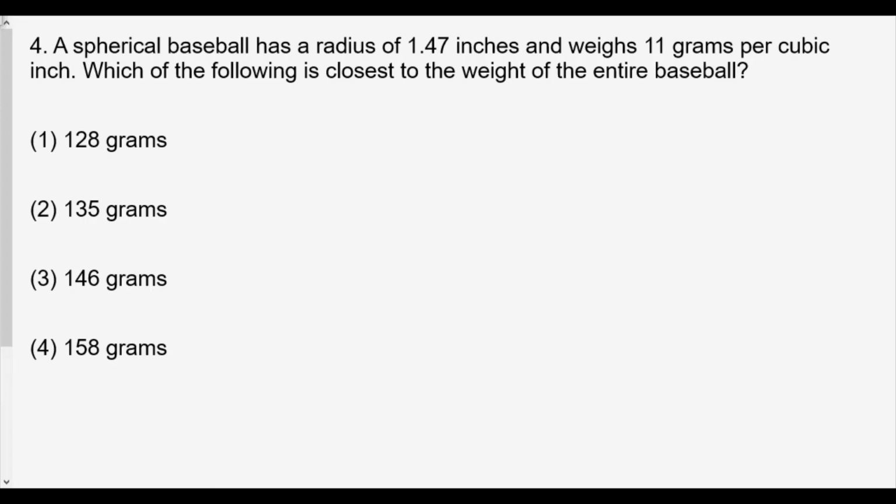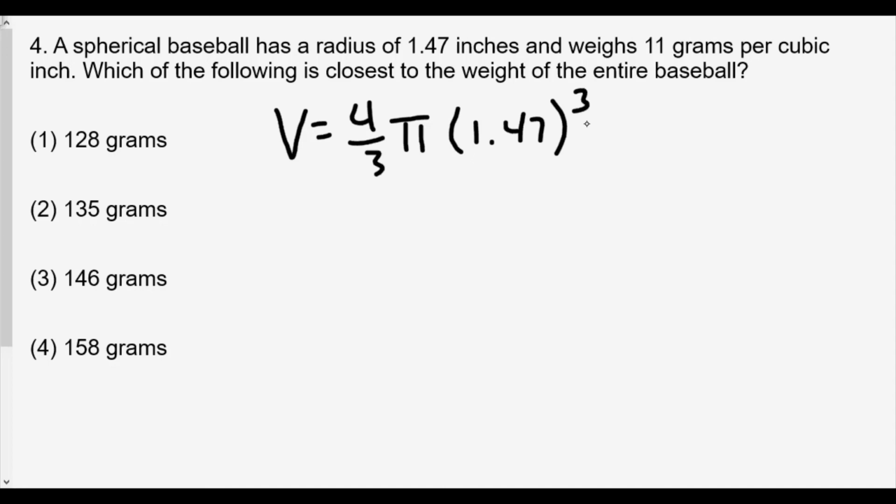So the idea was to take our volume and convert it into a different form. In this case, we have weight. So we're going to first find the volume of the baseball. So V is equal to 4/3 pi times 1.47 to the 3rd power.